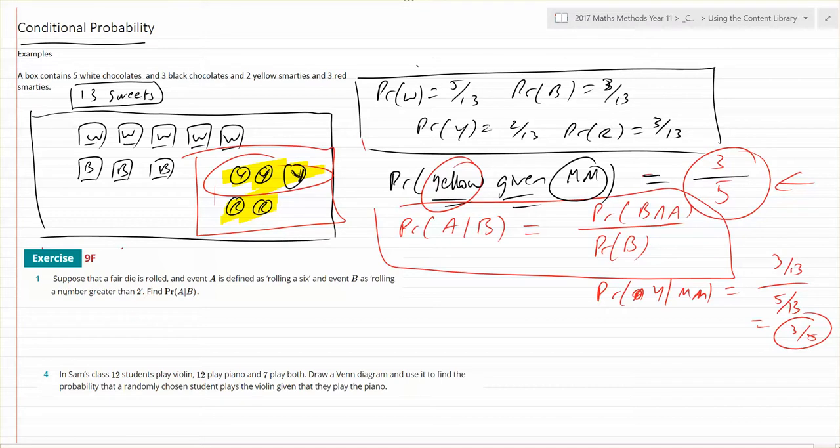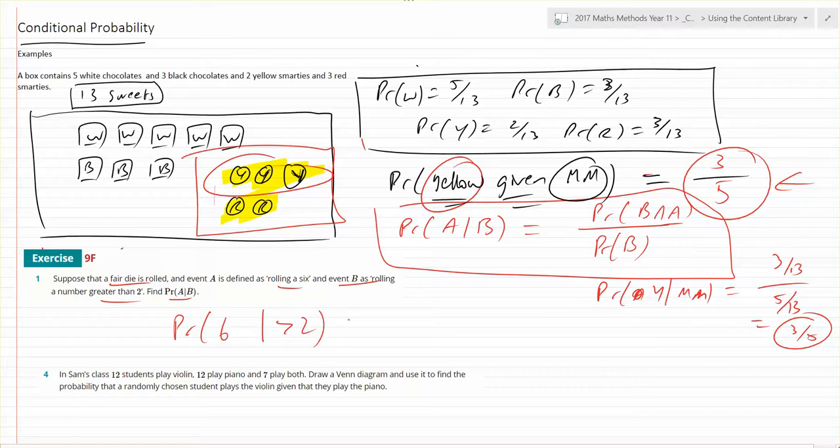So let's do an example for question 1. A fair die is rolled, so the probabilities of rolling 1 to 6 are the same. A is defined as rolling a 6, and B is defined as rolling a number greater than 2. Let's use the formula. We want the probability of A given B. So given prior information, event B, which is rolling a number greater than 2, what's the probability of getting a 6 from that?